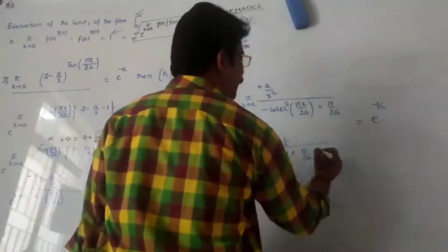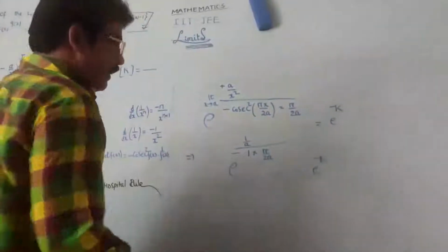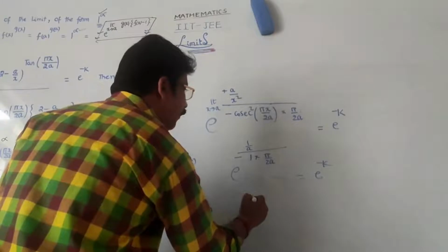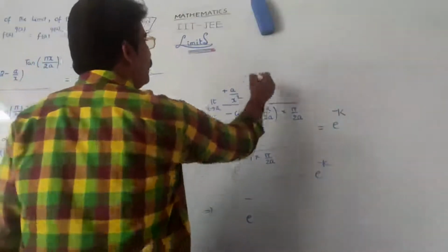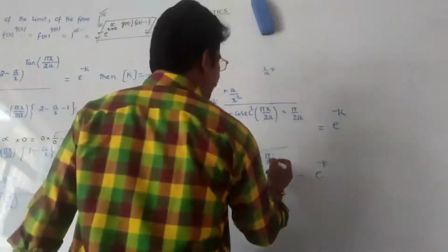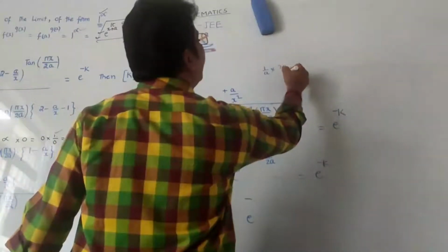Of course it is e to the power of something, that is equal to e to the power of minus k. So that implies e to the power of minus, actually it is 1 by a into π by 2a, means 2a divided by π.